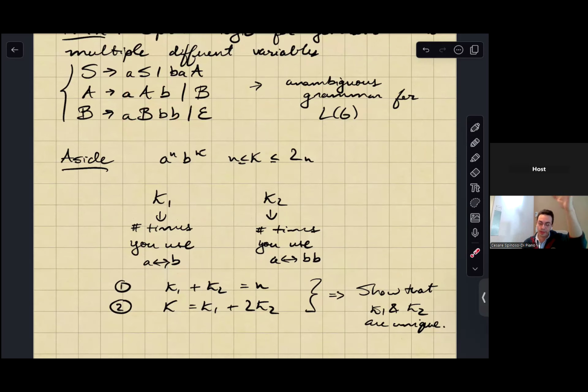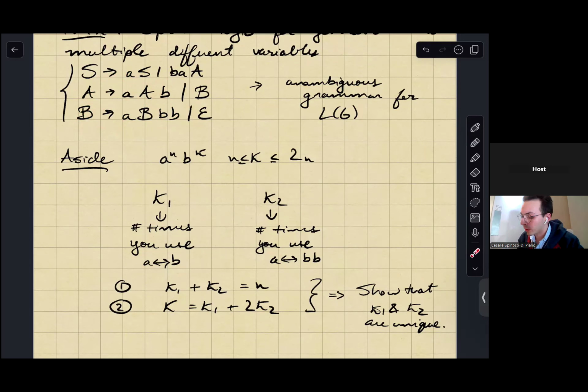So that just means that it's impossible to use this production rule twice and this one three times, get some string, and then use this one three times and this one two times, get another string, and those two strings being the same. So that can never happen.